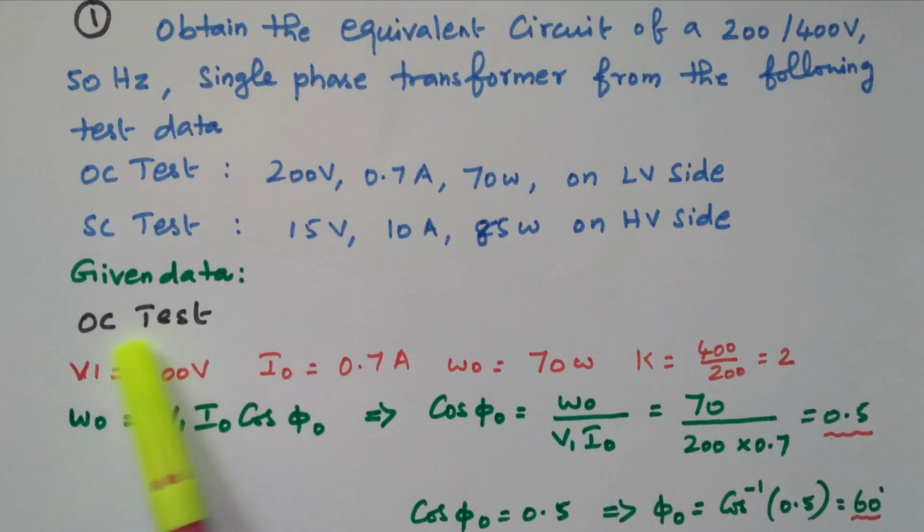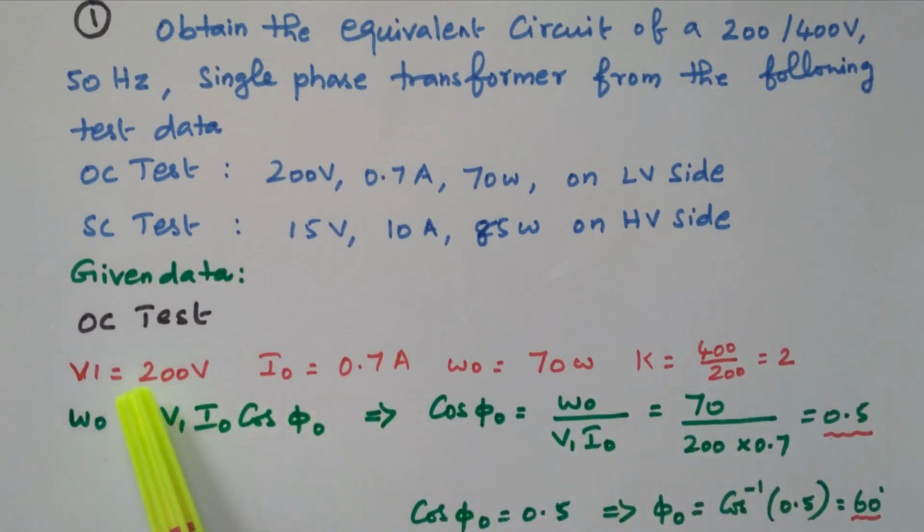First we are considering the OC test. The no load power W0 is V1 I0 into cos phi naught. By rearranging this equation, cos phi naught equal to W0 divided by V1 I0. The W0 is 70 watts, V1 is 200, I0 is 0.7.